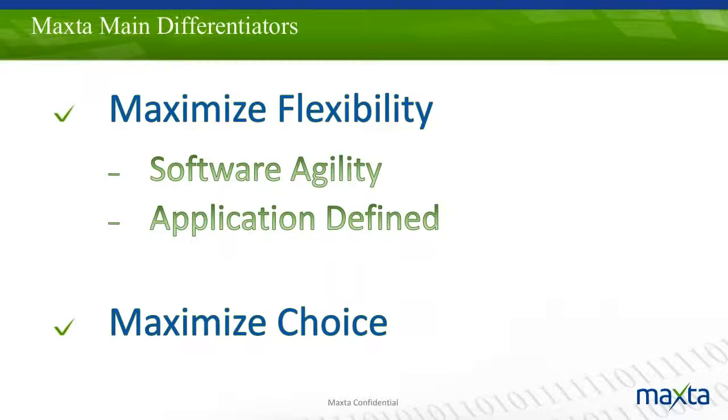And also not having a one-size-fits-all for your application type traffic. We're going to drill into this a bit more, but if nothing else, take away the maximum flexibility and maximum choice when you're thinking about who's going to give me the best possible number of options. Hopefully Maxta resonates in your head when you're looking at solutions.